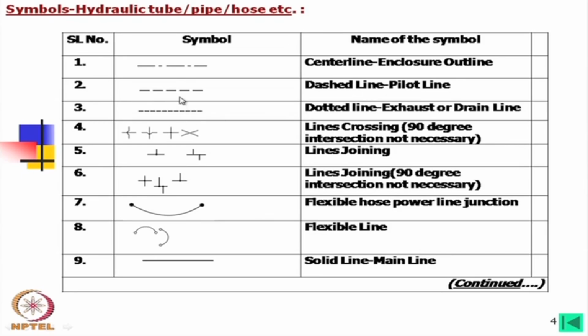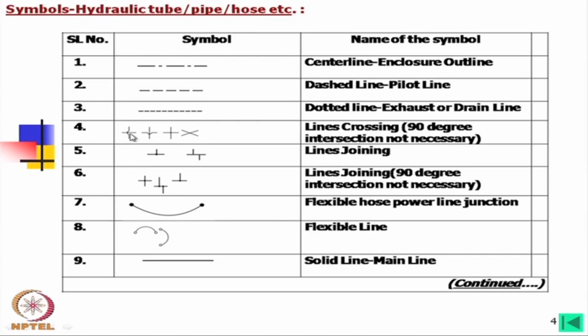Now, there is a dash, but a small dotted line is an exhaust or drain line. So in a drawing, suppose only these two lines are given, you may not be able to distinguish which is the exhaust and which is the pilot line, but if these two lines are used in a drawing, careful study will show that this line is for the pilot line and this line for the drain line.